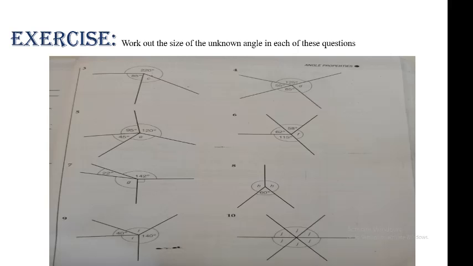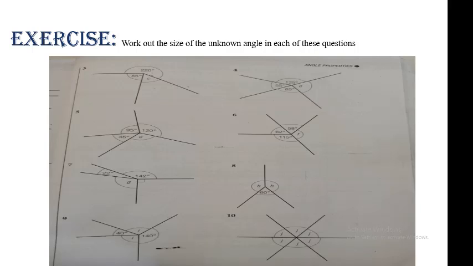Now here we have an exercise. Let us see how the questions from this topic come. The question says, work out the size of the unknown angle in each of these questions. Let us focus on number 3. We have been given three angles, 220 degrees, 85 degrees and C. If we add all these three angles, the answer is 360 degrees.